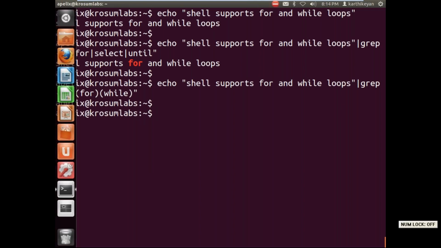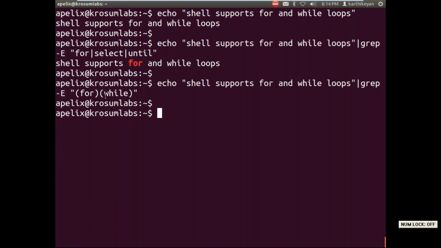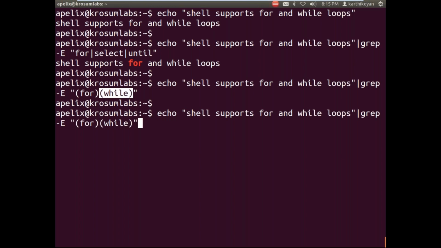The reason is I put both the patterns in the compound round bracket. So pattern 1 is followed by pattern 2. Both the patterns should match in the same order, left to right, same order. For example, in the same output here, for followed by list of for, then it will match.